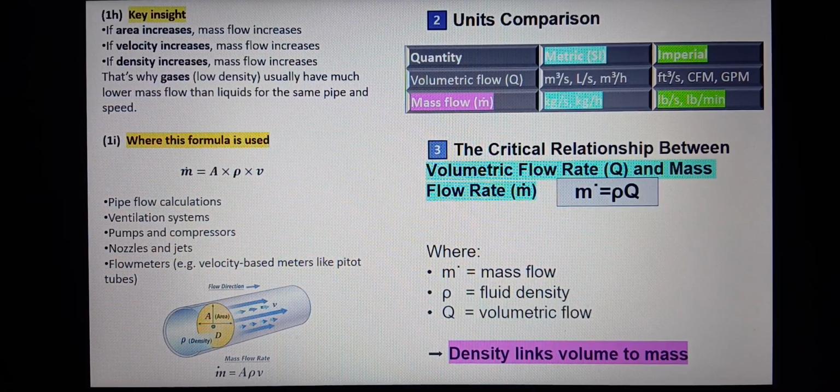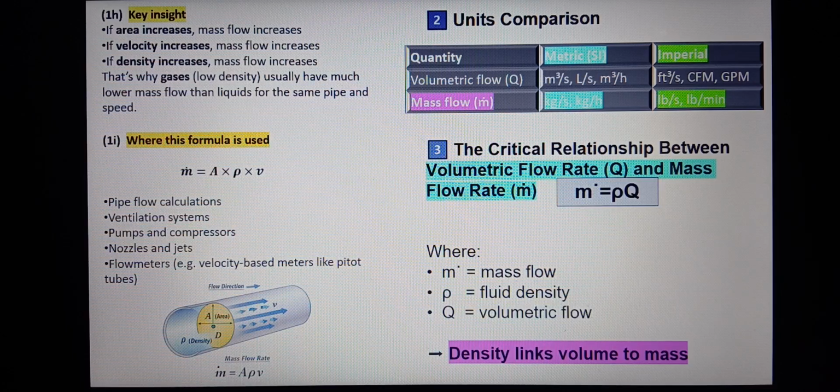Where this formula is used, M with a dot being mass flow rate equals area times density times velocity. You use it in pipe flow calculations, ventilation systems, pumps and compressors, nozzles and jets, flow meters, for example velocity-based meters like pitot tubes.